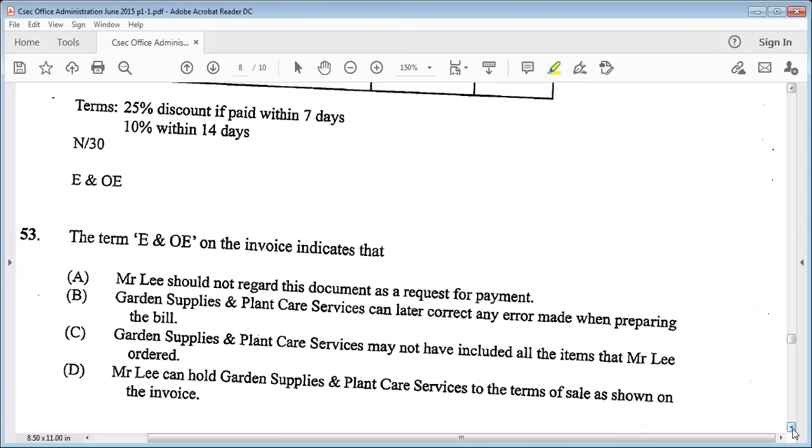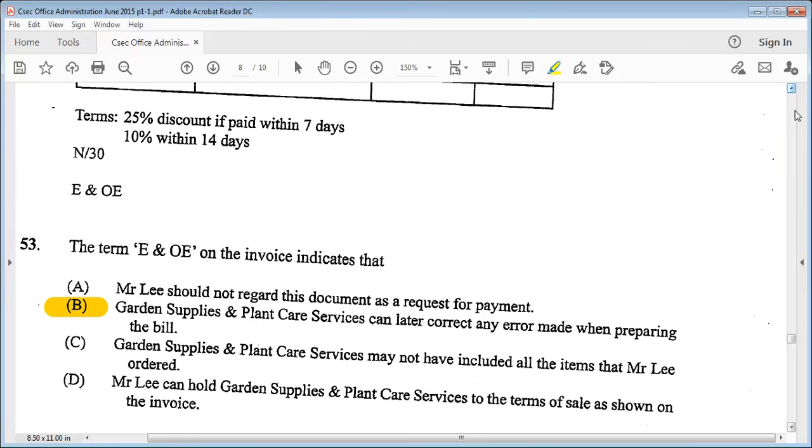So that's what the term E and OE means. So we know using that, our answer would be B, garden supplies and plant care services can later correct any error made when preparing the bill. So that is our answer, B. Let's go on to question number 54.